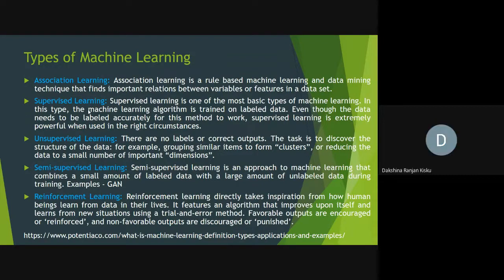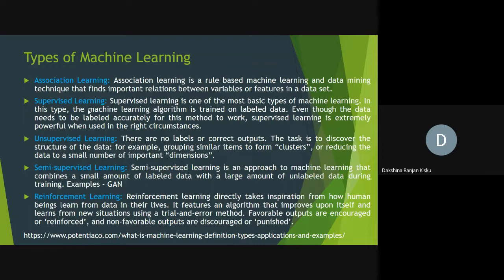Basically, here reinforcement learning algorithms are trained in such a way that when the machine on which the reinforcement learning algorithm is running touches the water, we will encourage the machine to have such experience. But when the machine touches the fire, we are not going to encourage that kind of activity.